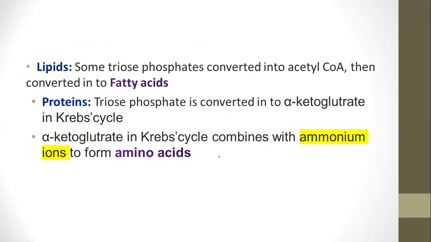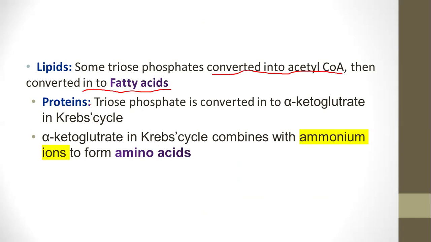Some triose phosphate molecules are also converted into acetyl coenzyme A, then converted into fatty acids. Acetyl coenzyme A is responsible for starting the Krebs cycle during the respiration process. However, this molecule is responsible for the synthesis of fatty acids by reaction with the triose phosphates.